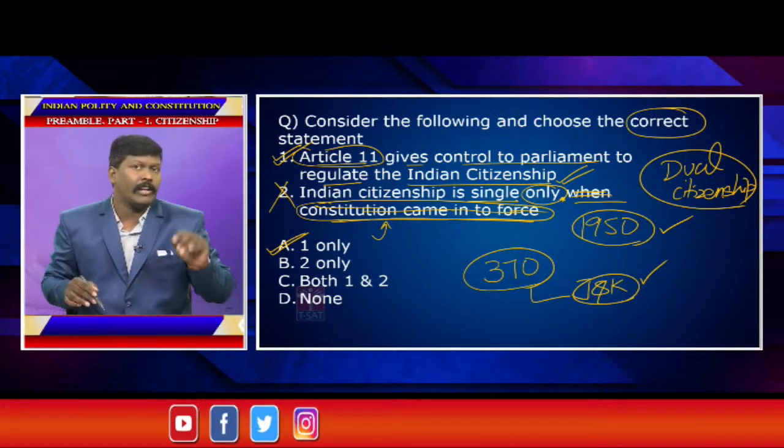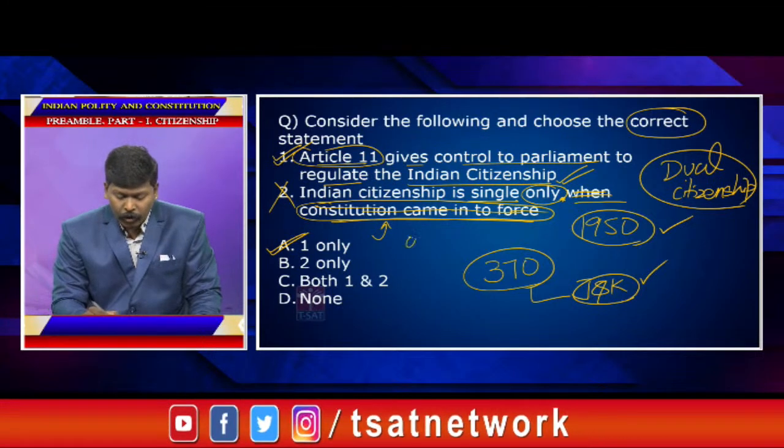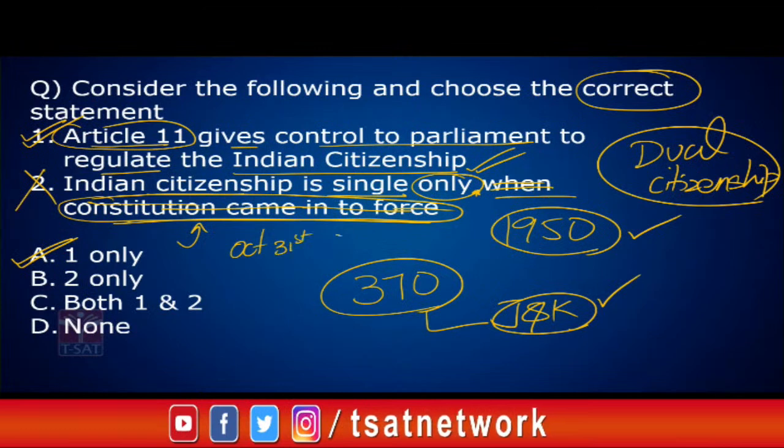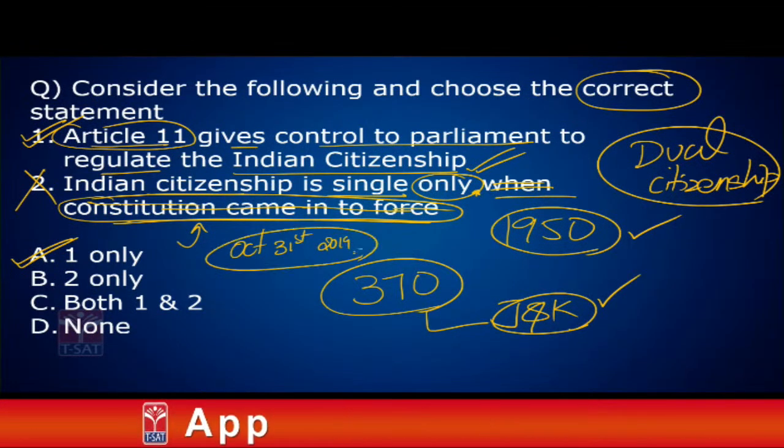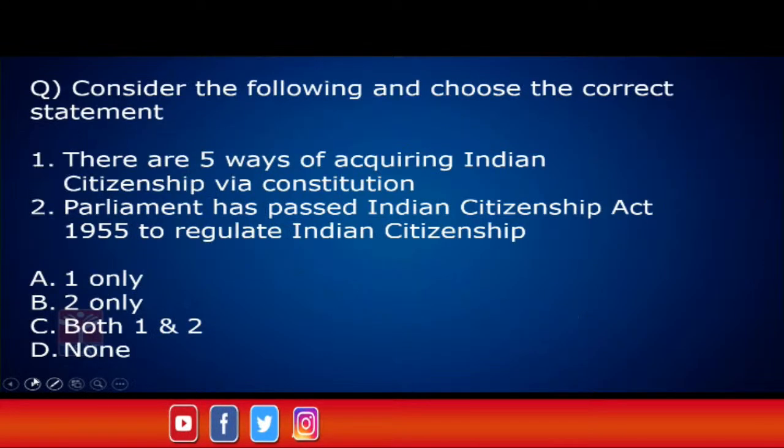There is only single citizenship presently, from October 31st, 2019. From October 31st, 2019, there is no separate citizenship given by the Jammu and Kashmir government to the Jammu and Kashmir people.